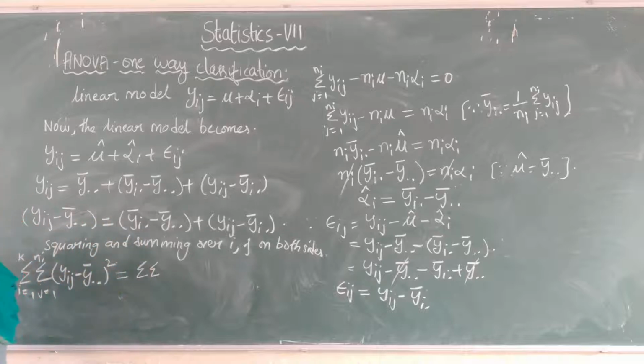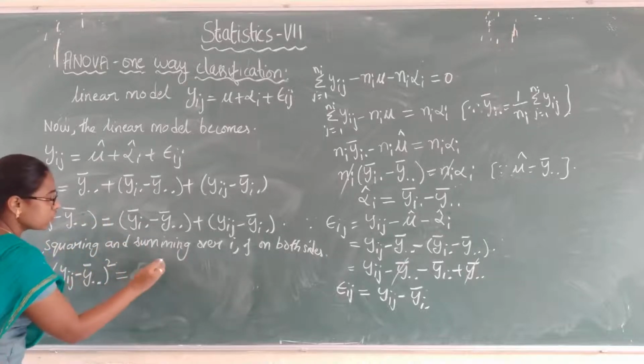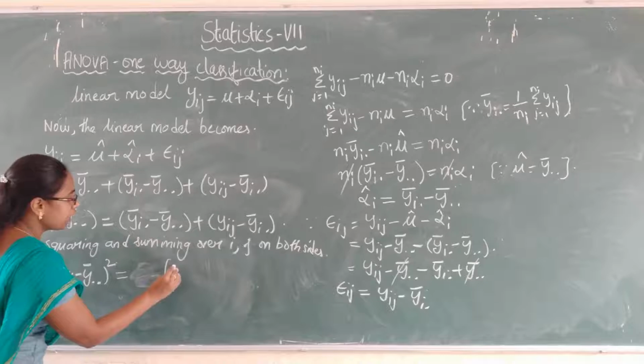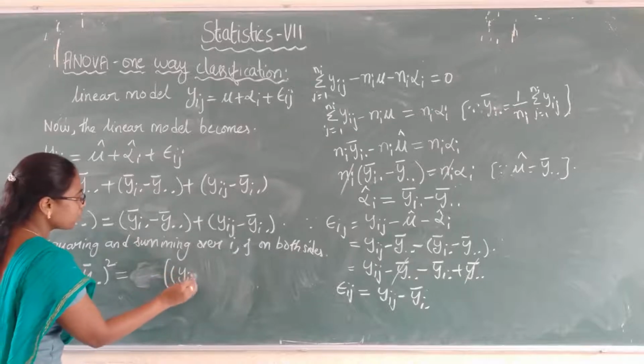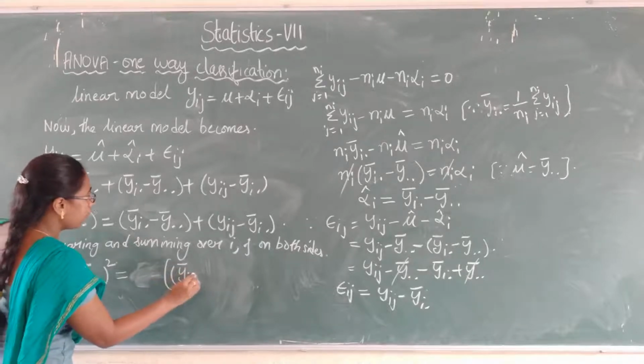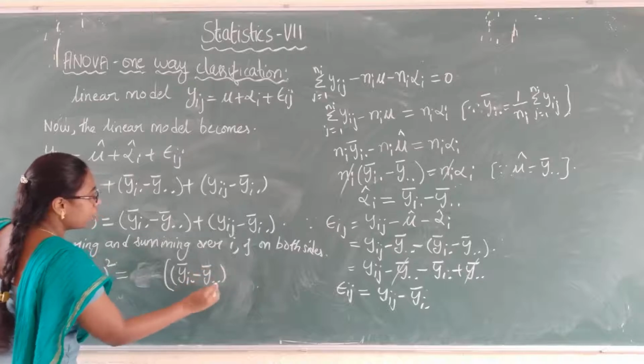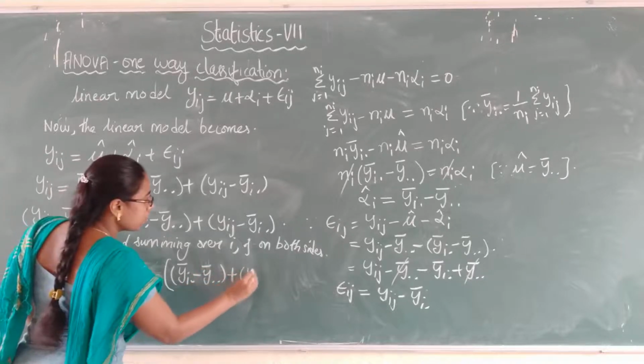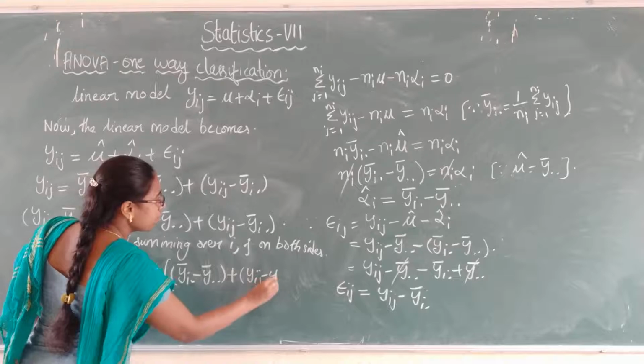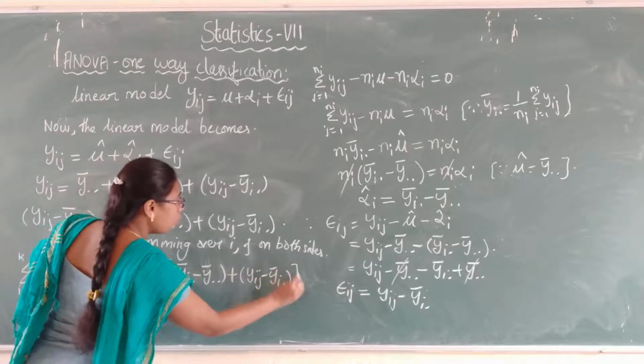First I have to apply the square, right? So for these two terms combined I have to apply the square, that is yi dot bar minus y double dot bar plus yij minus yi dot bar whole square.